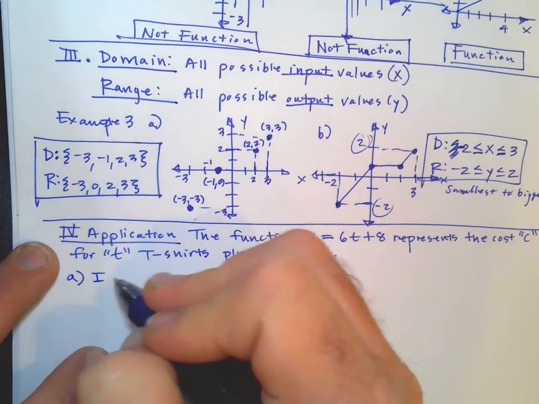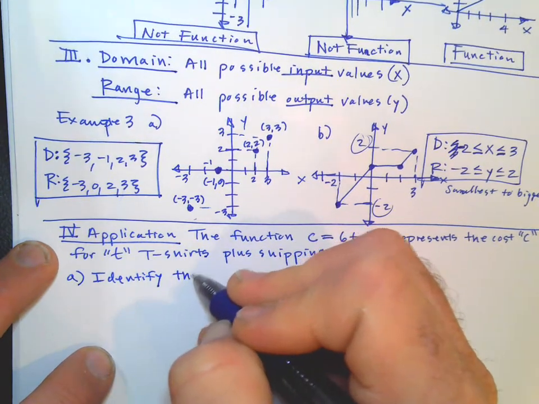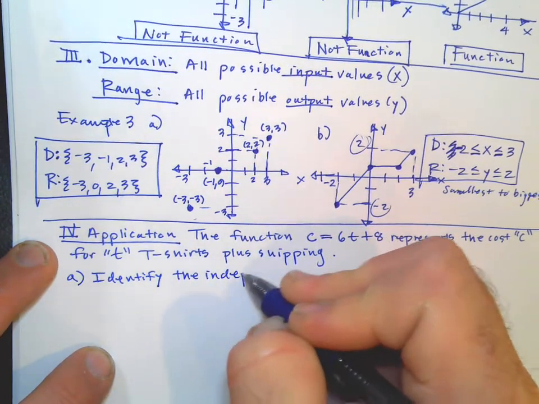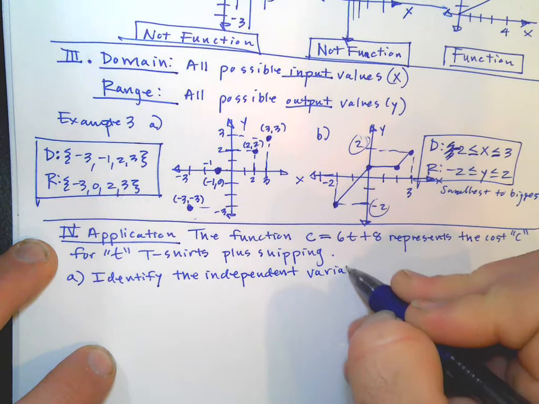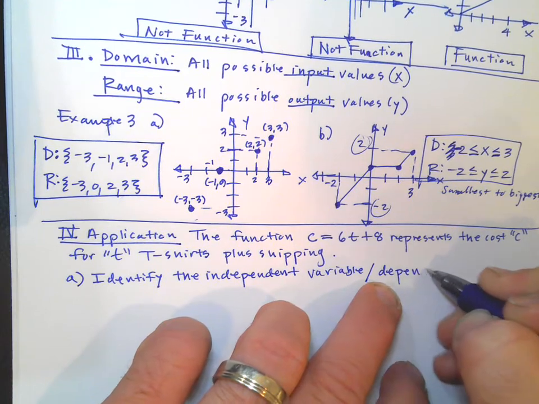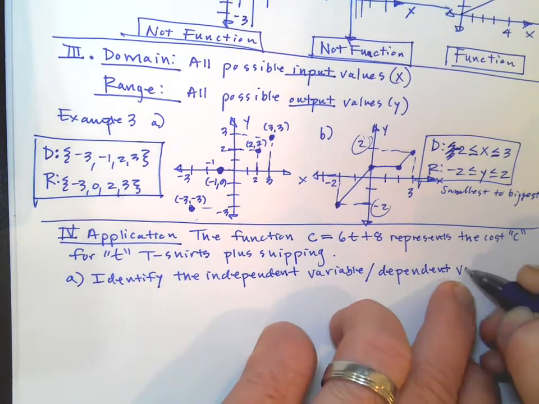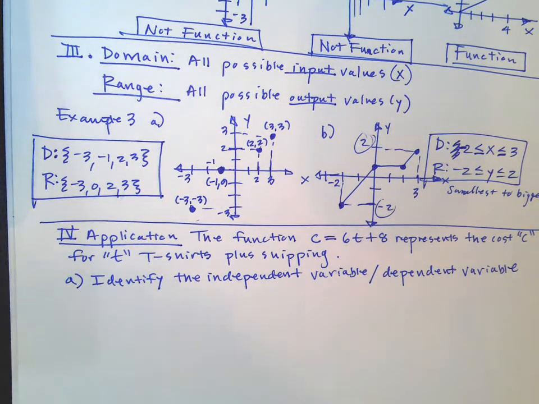A, identify the independent variable slash dependent variable. Okay. Now, independent means to not have to depend on anything. Dependent means it does depend on something. So the independent variable is the one that we plug in.